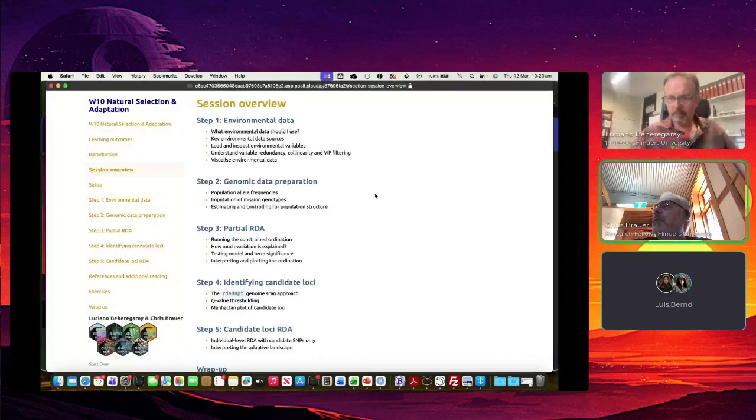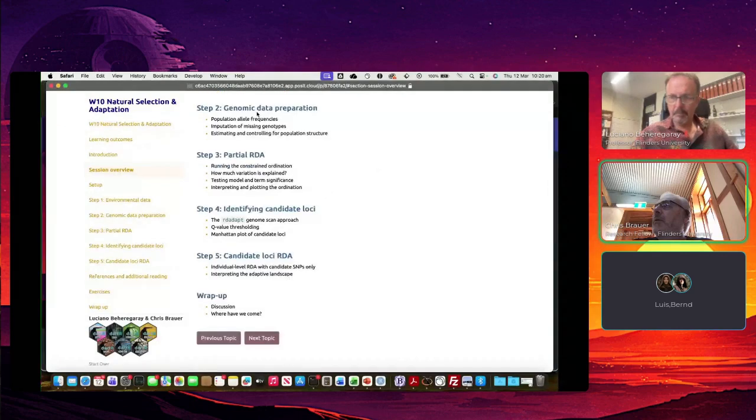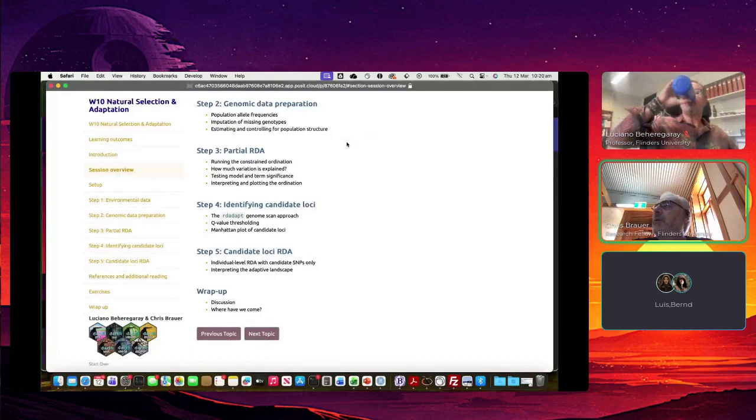Session overview: we're first going to talk a little bit about the environmental data, potential sources of that, what you might need to consider in terms of scale, and ways that you can visualize the data and start to think about which variables might be important for your system. Then, how to format your genomic data so that you can run the analysis.